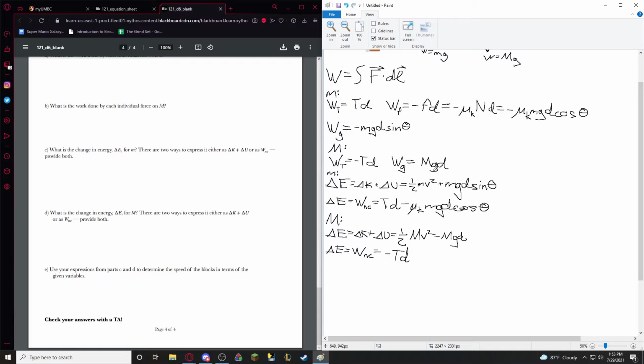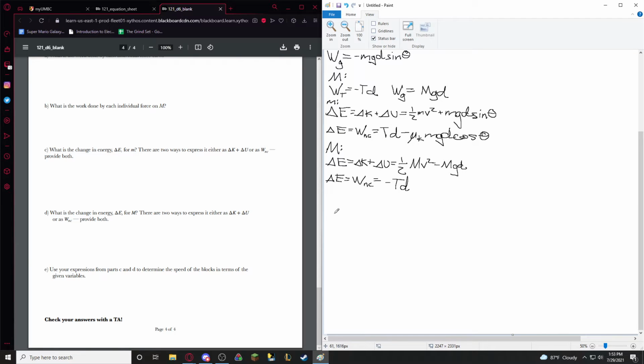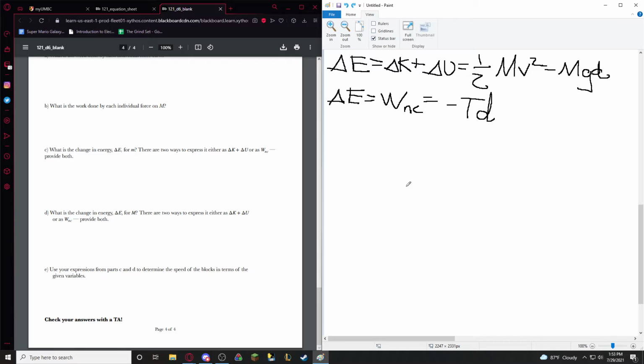I guess the first thing we want to know, what are we trying to find? The final velocity. Exactly. We're trying to find V. So what we want is V. How can we find V in terms of other variables we already have? That is our goal.